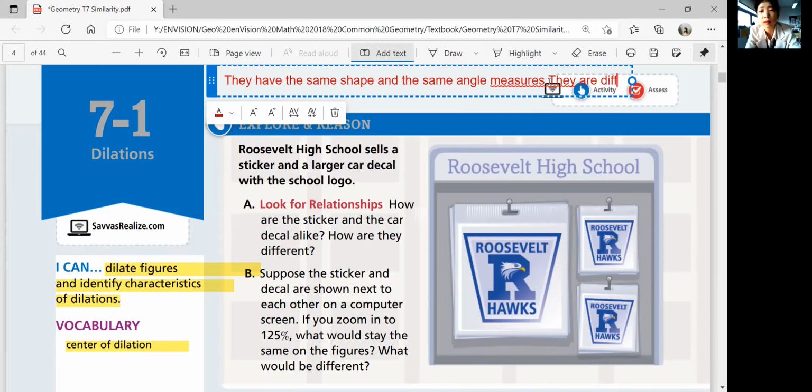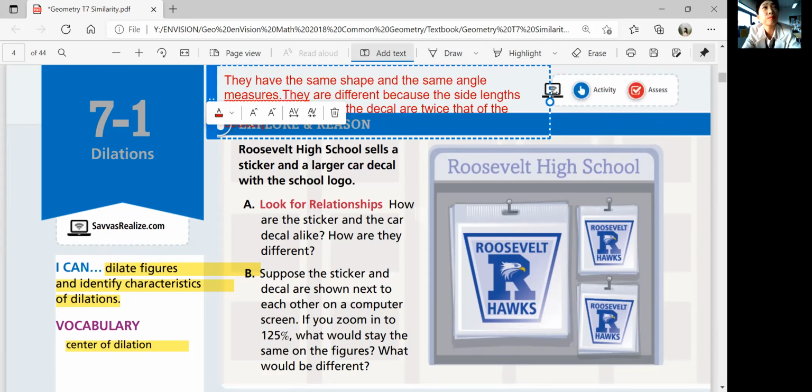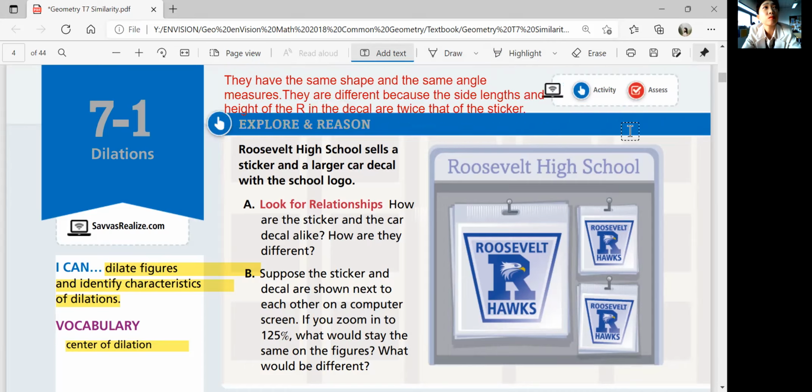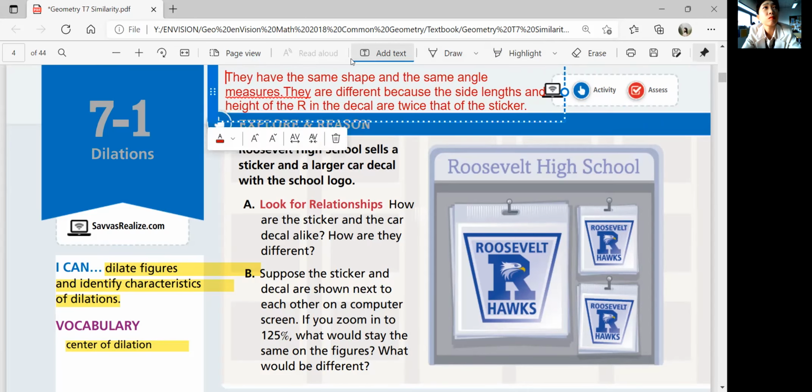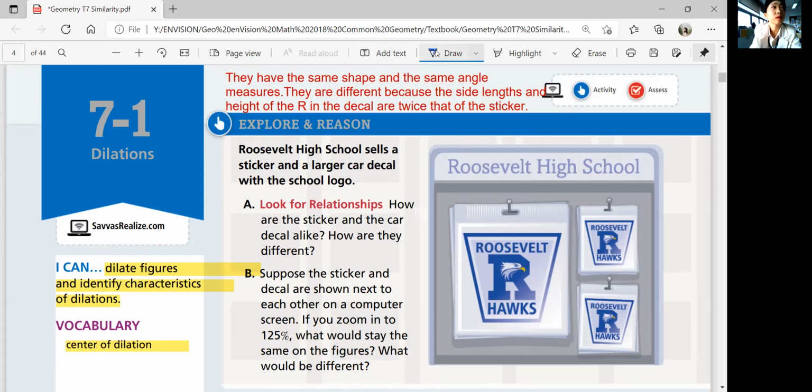They are different because the side lengths and height of the R in the decal are twice that of the sticker if you measure them. We're going to say about twice. Okay, that's part A.